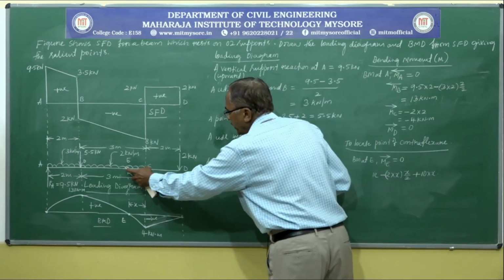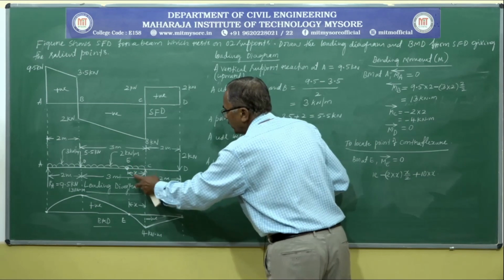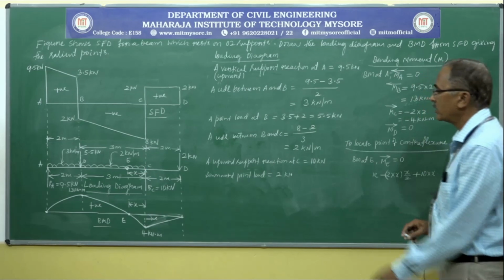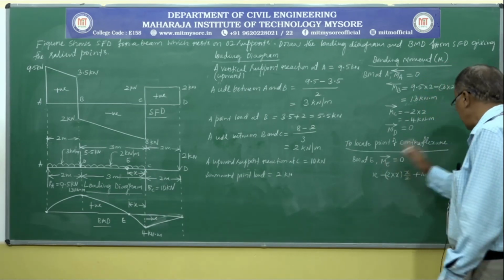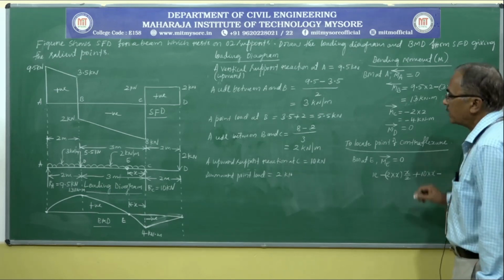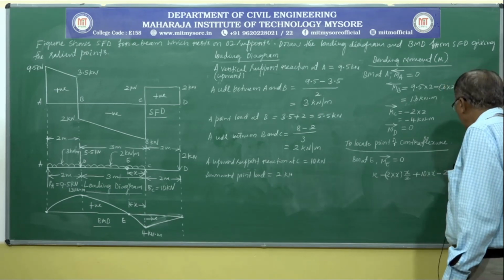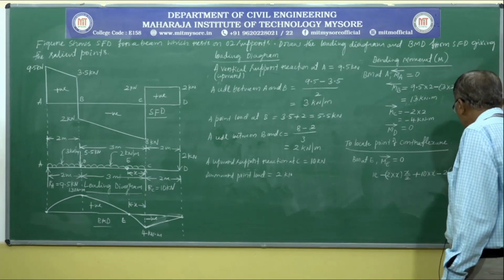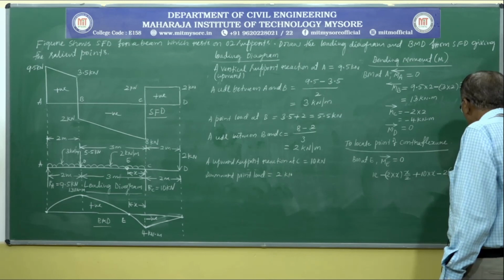Intensity of UDL is 2 kilonewton per meter, 2 into x by 2 its center, then 10 into x, support reaction will create anti-clockwise moment to the right side, anti-clockwise positive. Lastly, this point load 2 kilonewton will create clockwise moment, it will be negative, it is x plus 2, that is equal to 0.